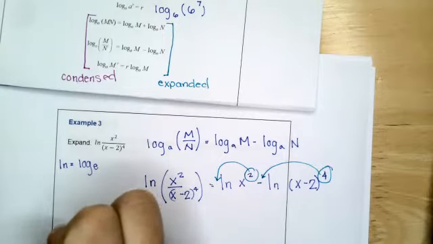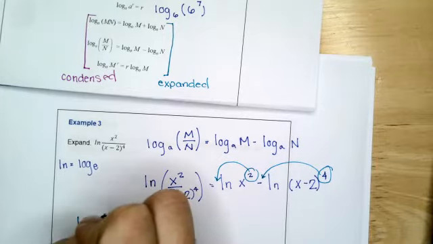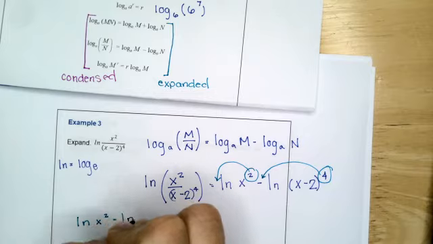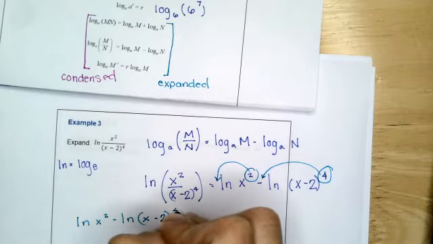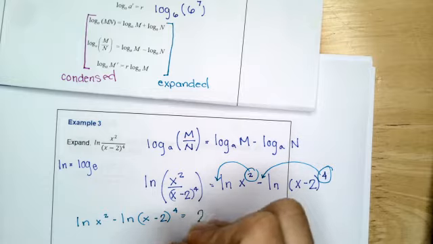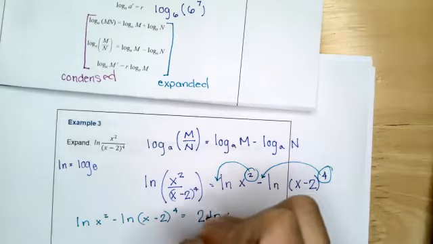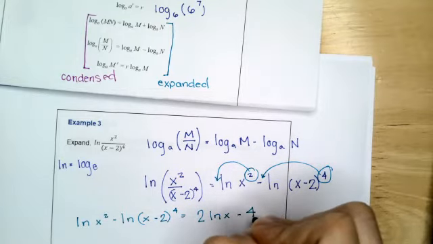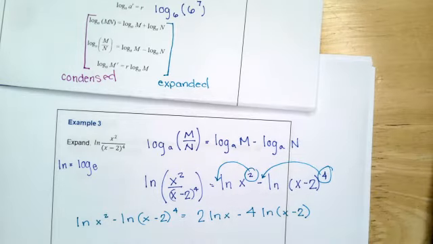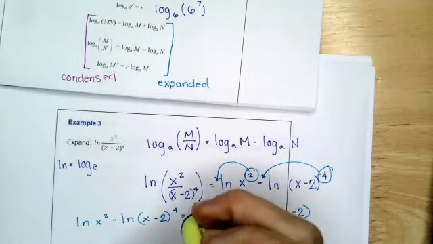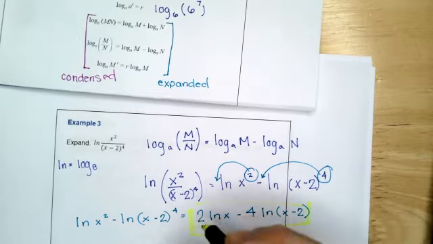So the natural log of x squared minus the natural log of x minus 2 to the 4th becomes 2 natural log x minus 4 natural log x minus 2. Very crooked. But there is the expanded form.